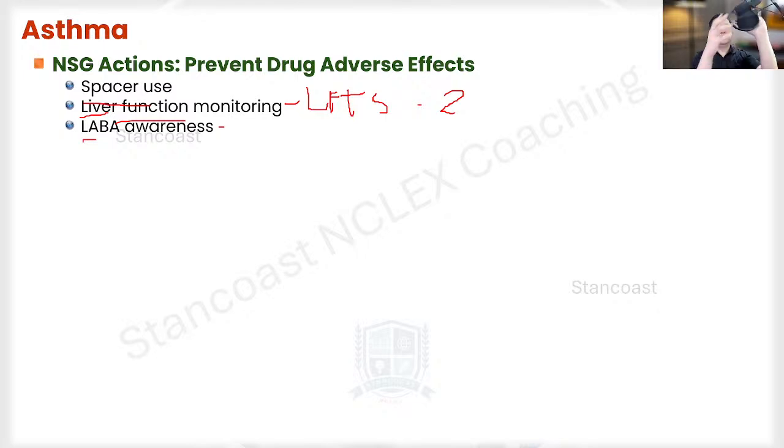All right. Okay, we're good. So make sure that you are checking on the patient's awareness in the usage of the LABA, or the long-acting beta-adrenergic agonist, because again, they are not going to be effective in treating the acute asthma symptoms. So make sure that they're aware about this, or else they're just going to keep using the long-acting beta-adrenergic agonist.